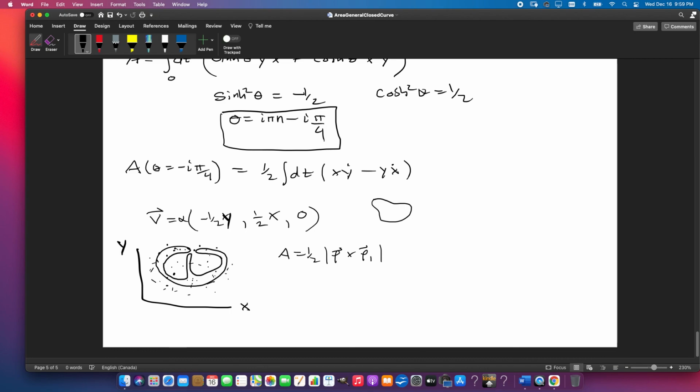And then the number of points in this boundary should be proportional to the area. Alright, but oh my god.